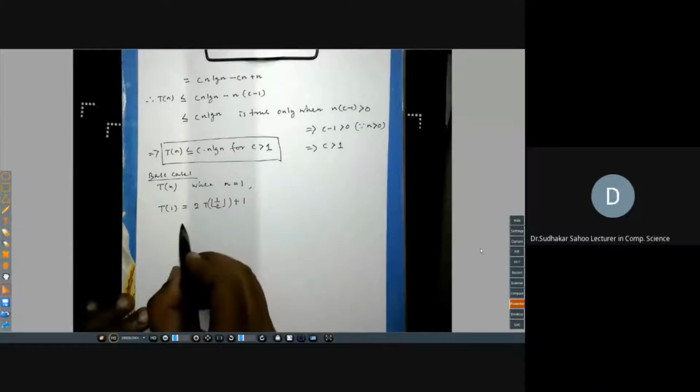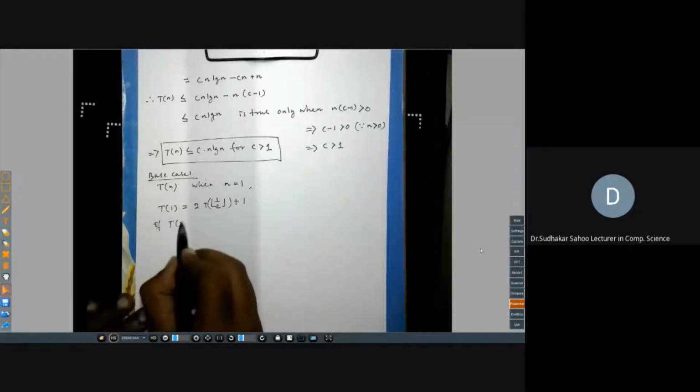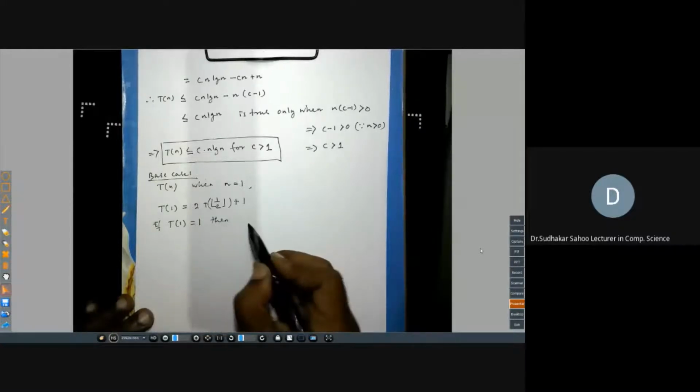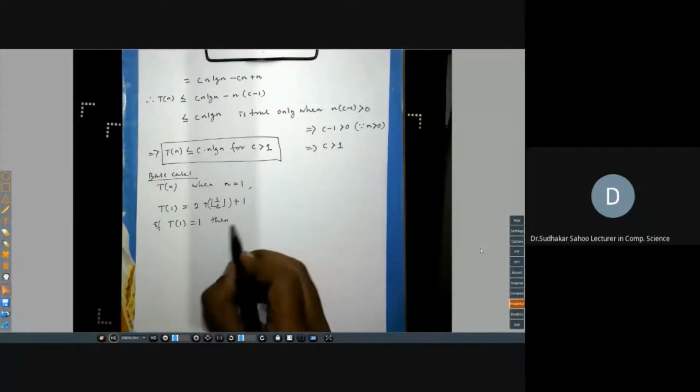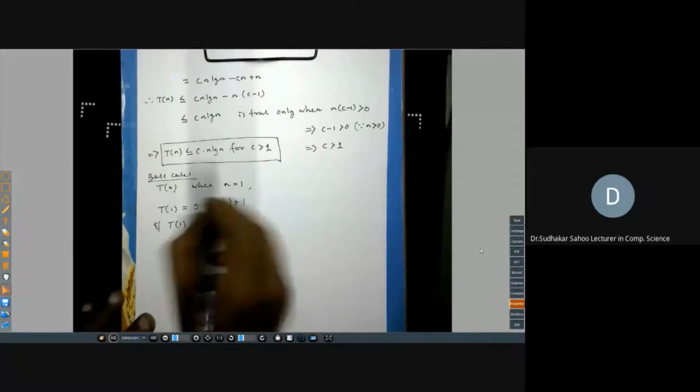Right. So if T of 1 equal to 1, then is your equation satisfied?